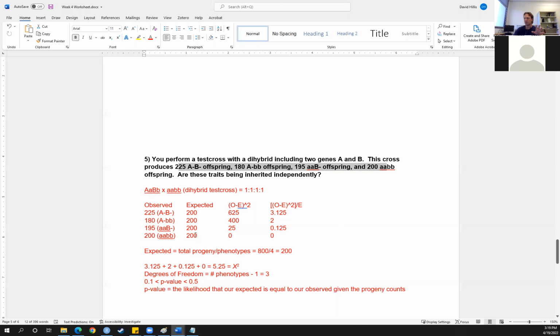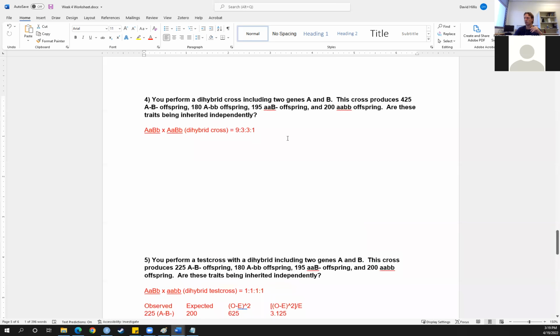So we would say that yes, our observed are close enough to being equal to our expected. If they were too far different, then our p-value would end up being much lower. And if it's below 0.05, then we assume that the two groups are different.